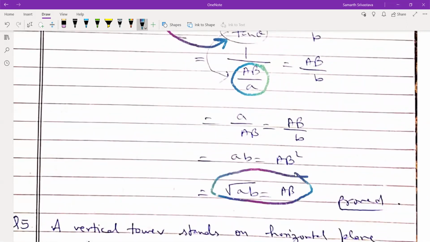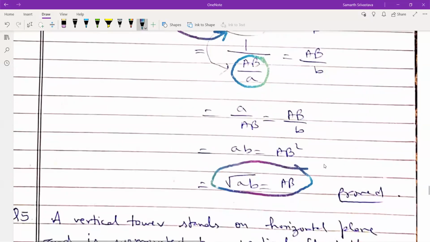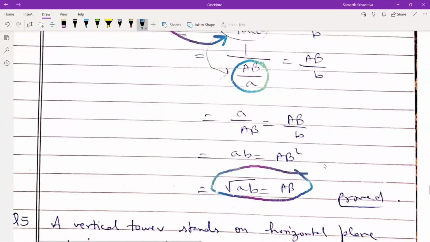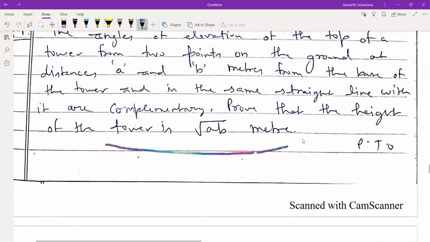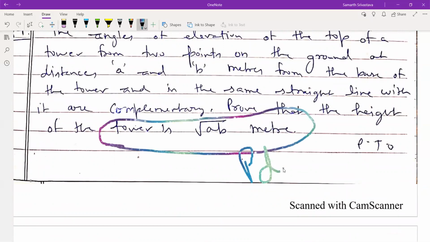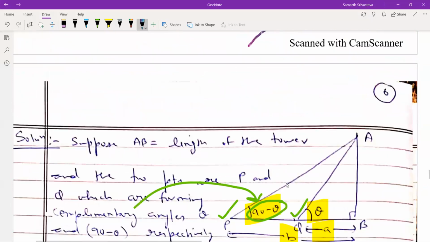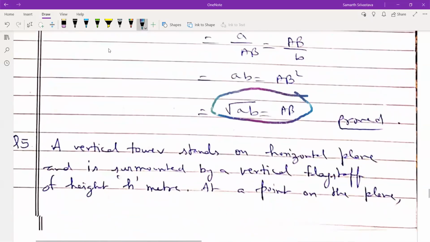On removing the square sign, the square root will come on the other side, as under root ab, and we will neglect the negative sign because the length of the tower cannot be negative. So AB is equal to under root ab, and this is what we wanted to prove.